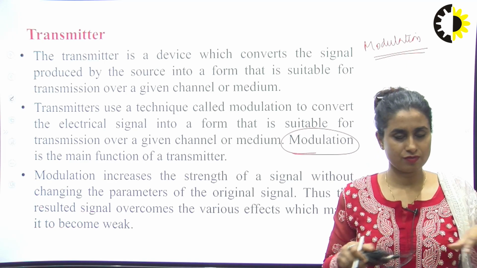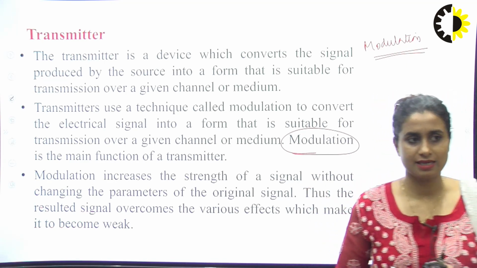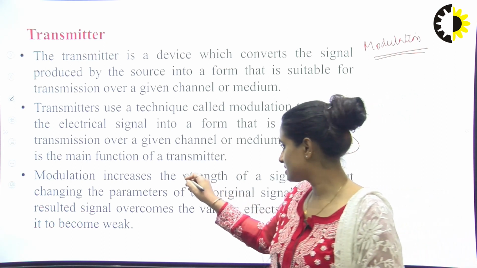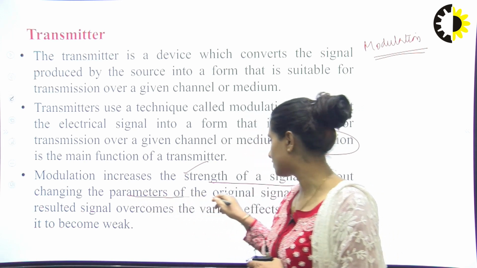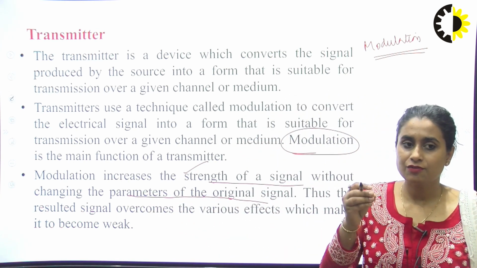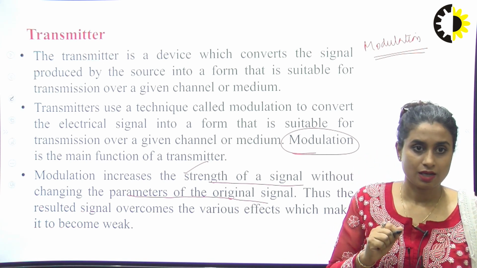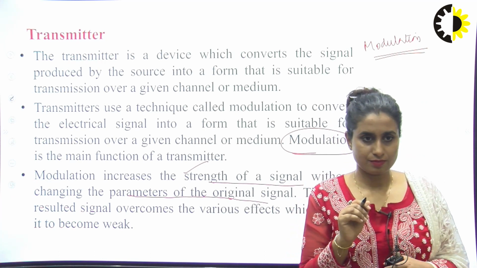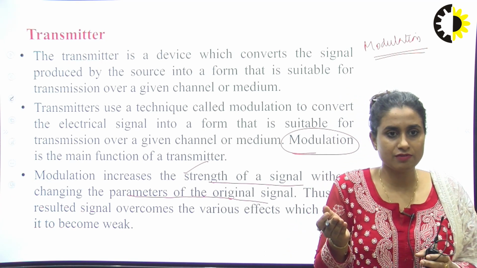There are a whole lot of things involved which we study in detail in the coming slides. Modulation increases the strength of the signal without changing the parameters of the original signal. We do not alter the actual message signal. If we change the frequency of the actual signal, I lose the essence of the signal. Suppose one wave is 15 kilohertz. How can I change the actual frequency of the signal?